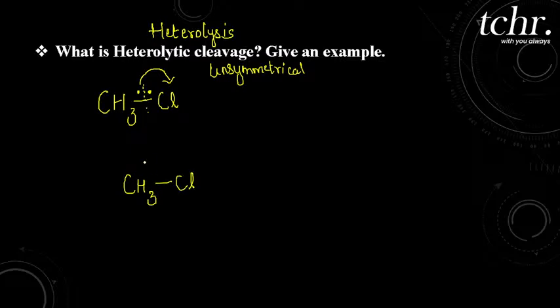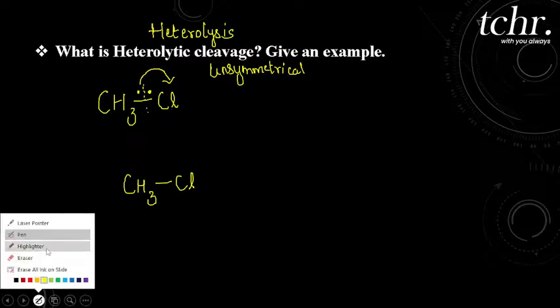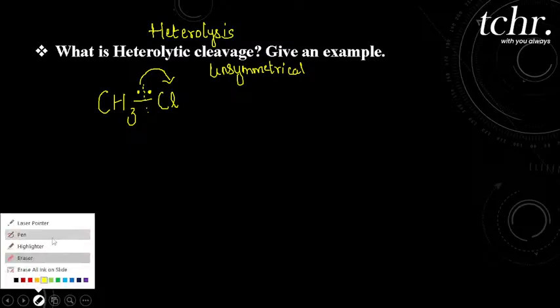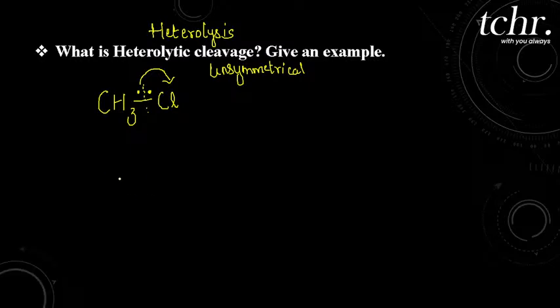Either both the electrons may go towards one fragment, depending on which of the two fragments is highly electronegative, where both electrons will be attracted. Or, if I just take it as X in general, both electrons can go towards carbon also.